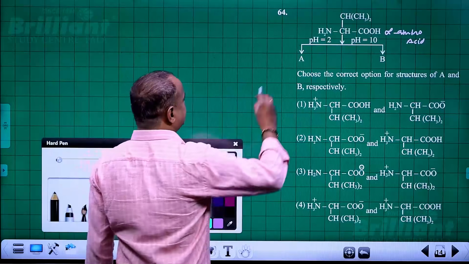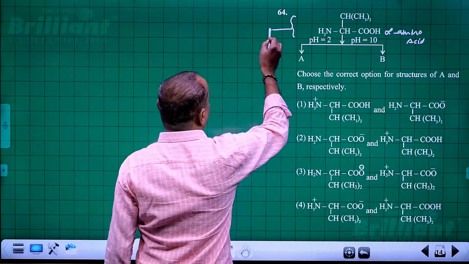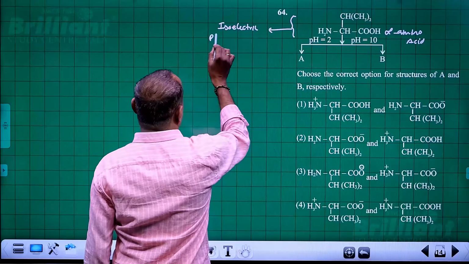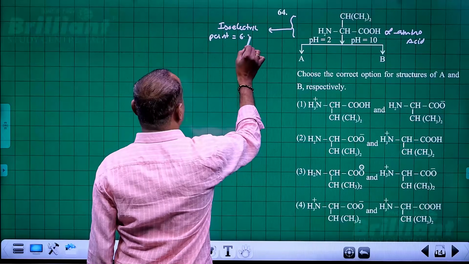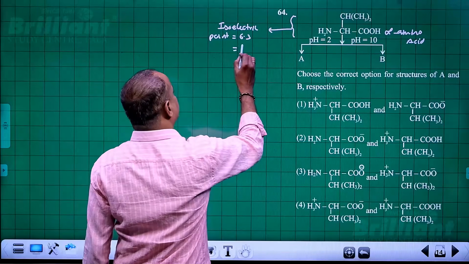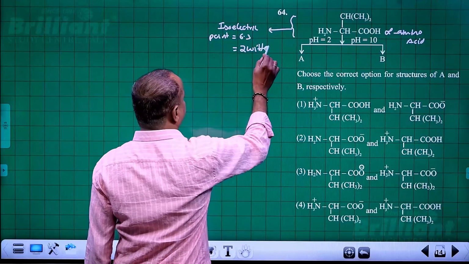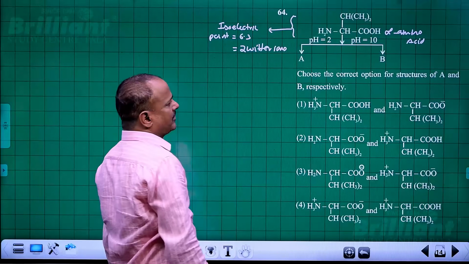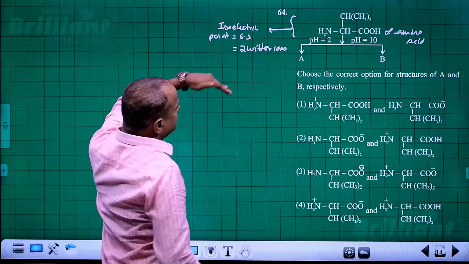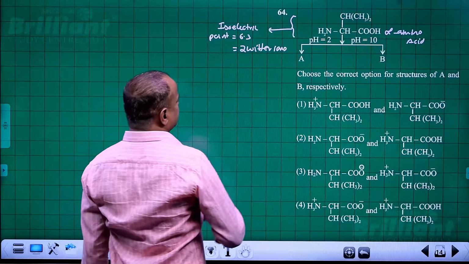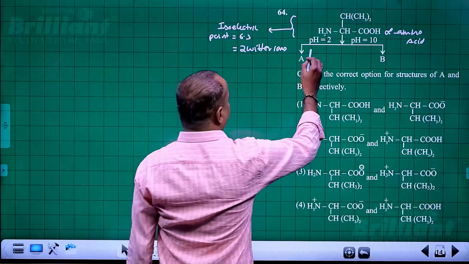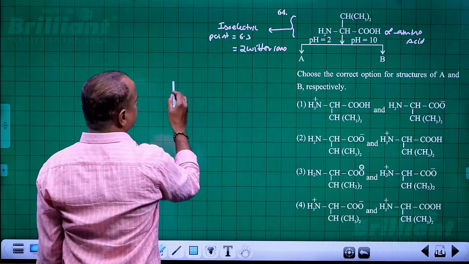Generally, one amine and one acid means isoelectric point around 6.3, at which it exists as zwitter ions. But the question given is pH 2. 2 is below the isoelectric point. That means addition of acid. So first I take the zwitter ion.